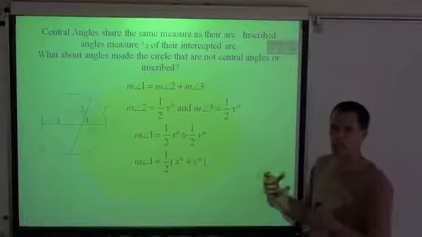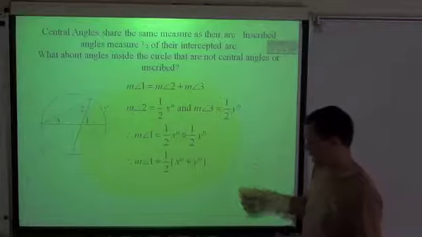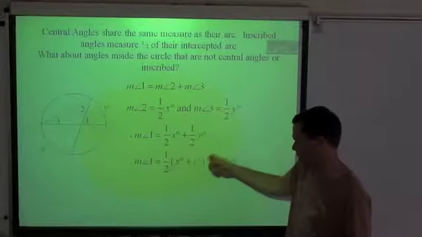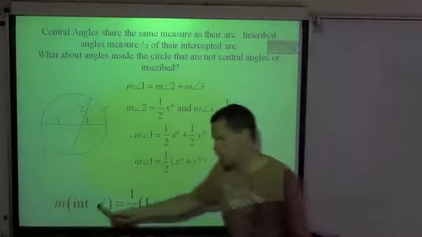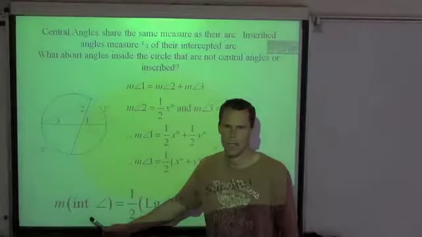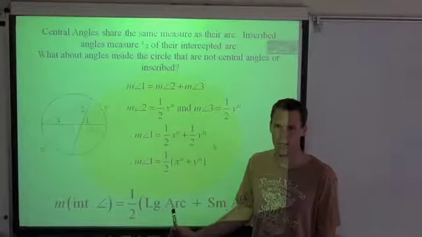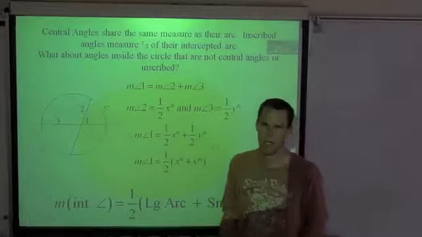Now, we're going to take a relationships quiz for this chapter. So what you're going to look at now is not only can we write angle 1 is equal to 1/2 of X plus Y, but we may want to write it this way. The measure of an interior angle is equal to 1/2 the large arc that it opens to plus the small arc that it opens to.